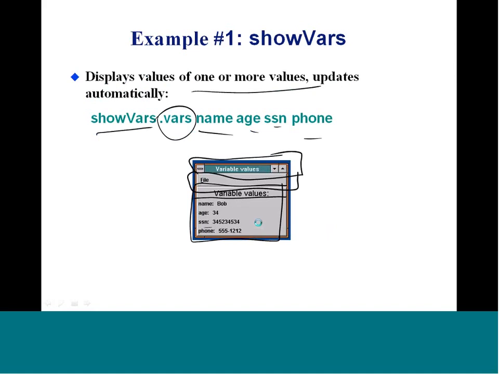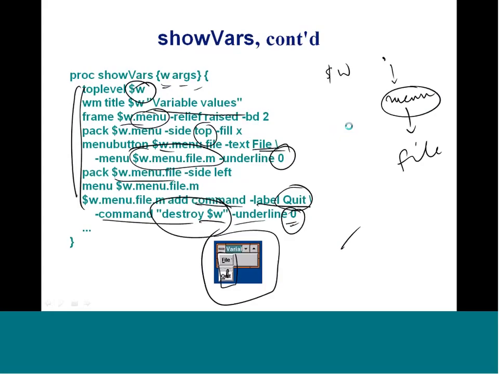Once again, we simply start with show vars, which goes to the .vars window, and we want to display name, age, social security number, and phone number. We start by specifying the top level window. The top level window has variable values as the banner, and in the frame we specify how the frame is made and where we put the text.